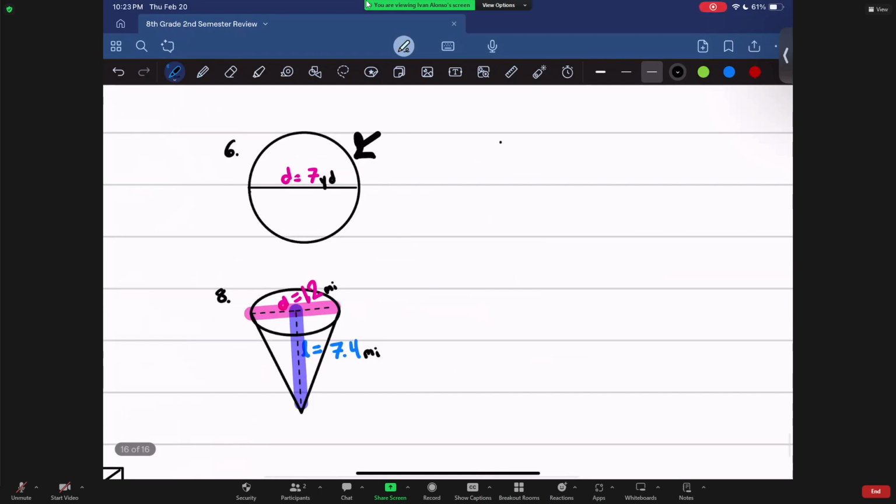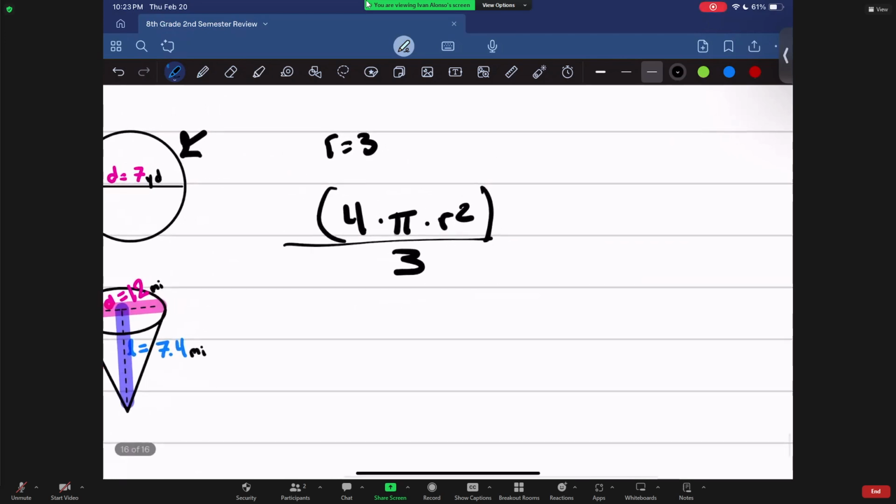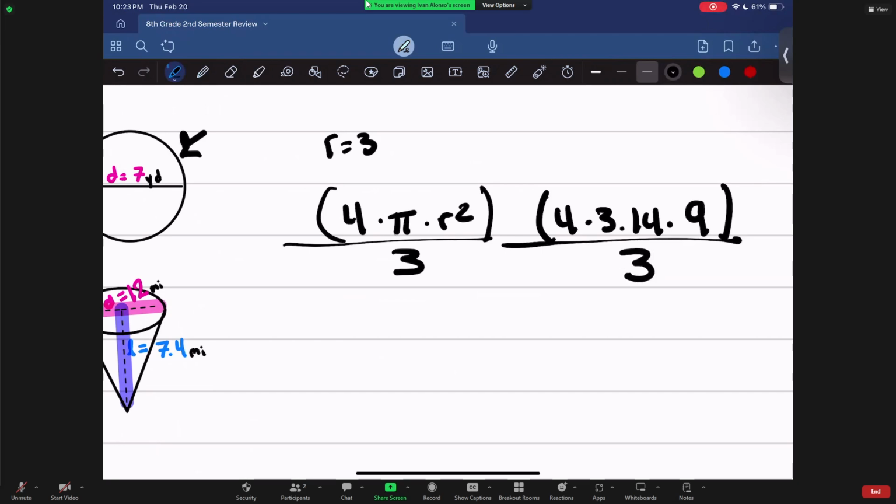If r is equal to 3, the volume of a sphere should be 4 times pi times r cubed, all over 3. 4 times 3.14 times 3 cubed. That's just 27. Okay, so let's rewrite that actually. And all of this is over 3.